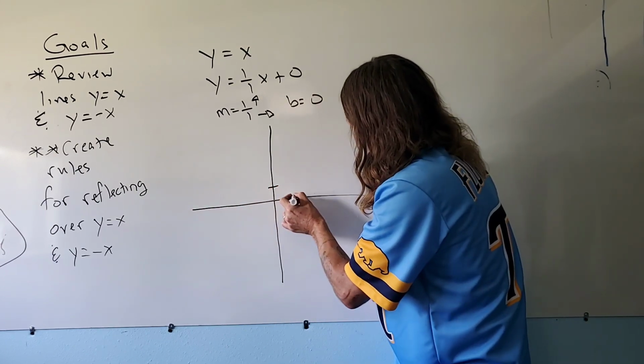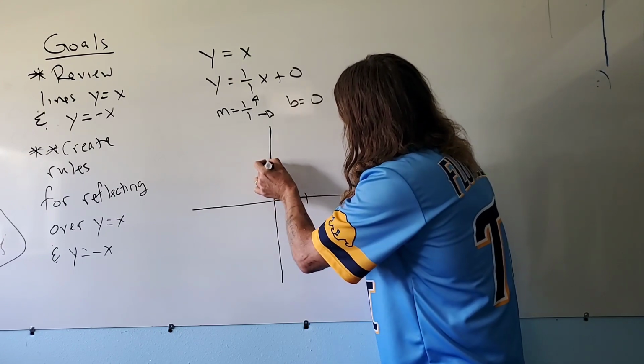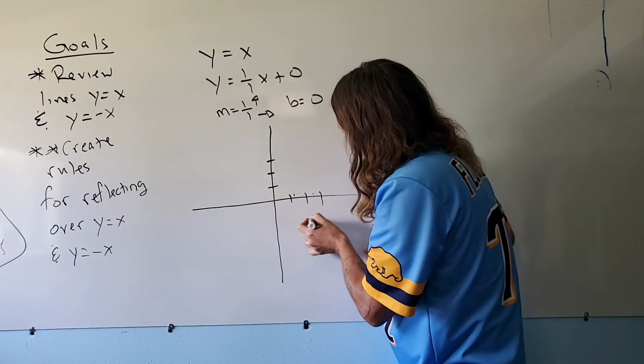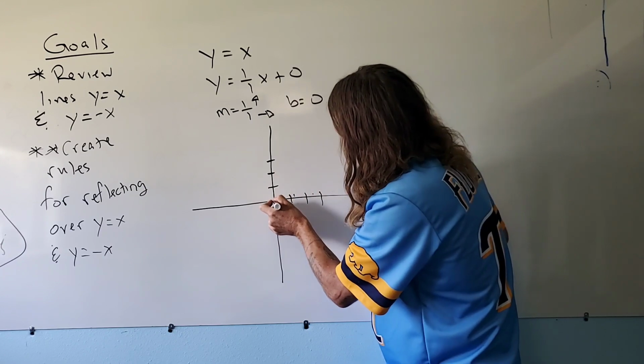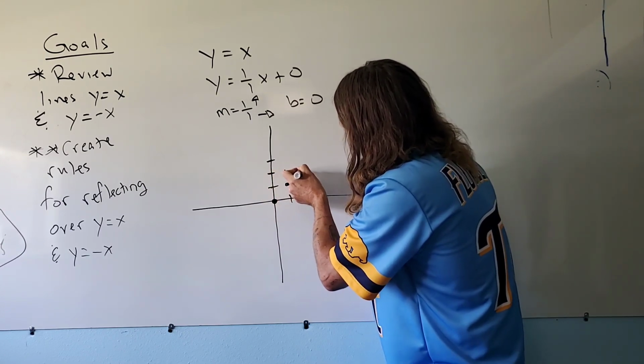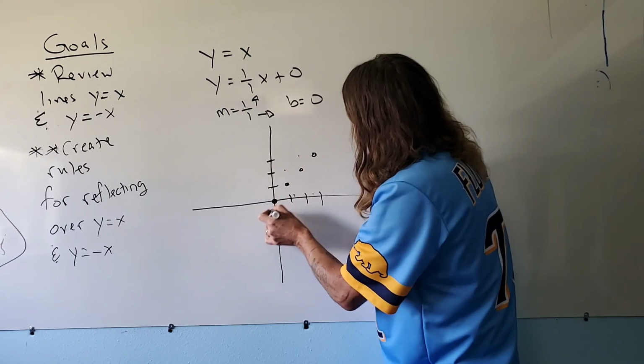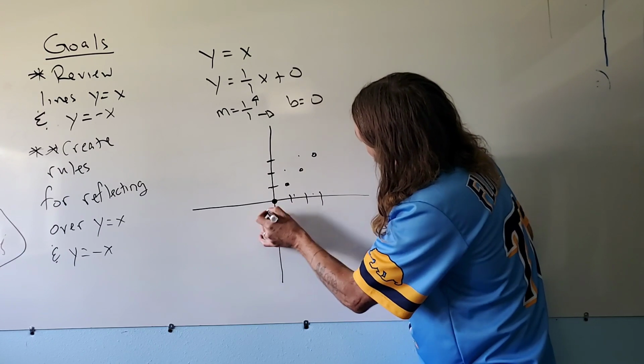All right. So I begin at 0, rise up 1, run 1, up 1, run 1, up 1, run 1. And that's actually kind of straight.